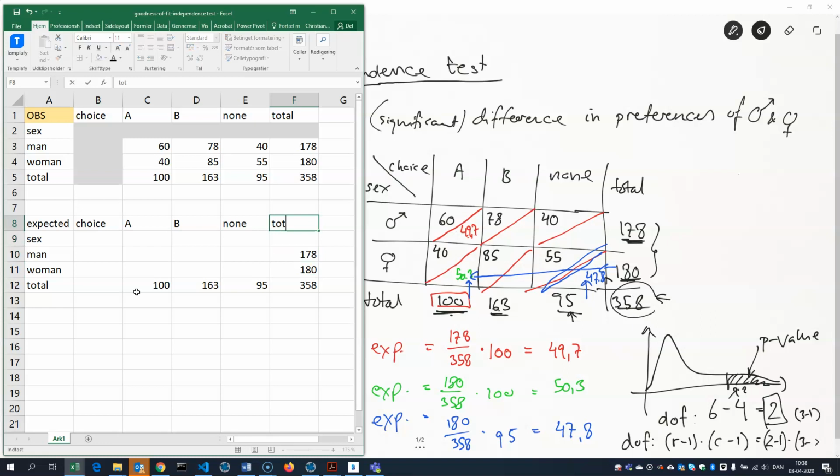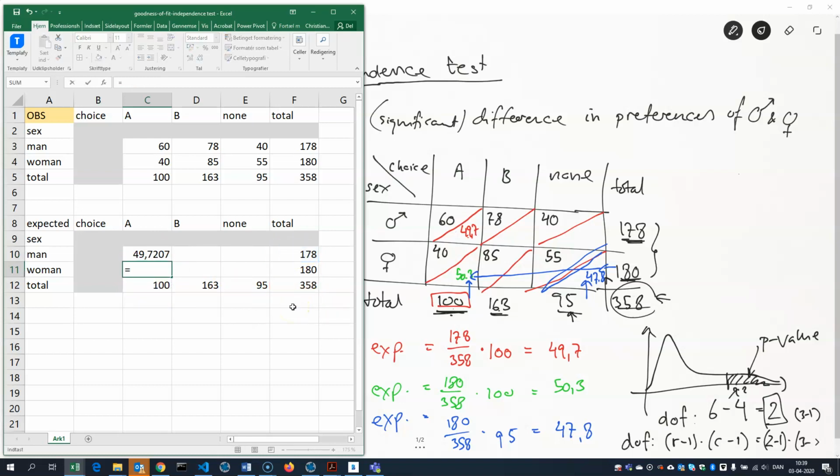Like that. I'll just make it shaded here. Like that. So the expected number here is then the number of men in total divided by the total number of observations multiplied by how many preferred candidate A. So you see you have this pattern here, same row, same column, and then the total, always the total.